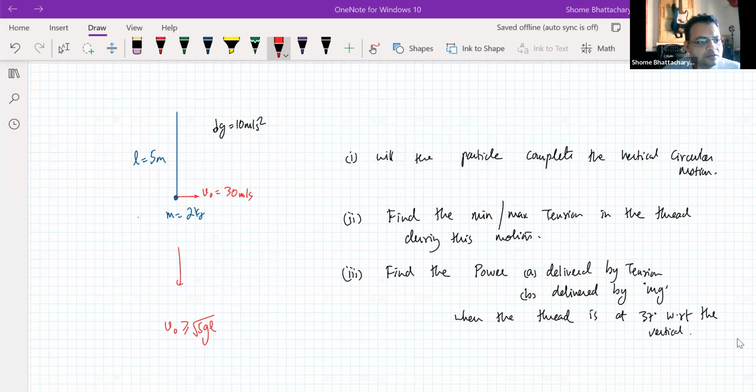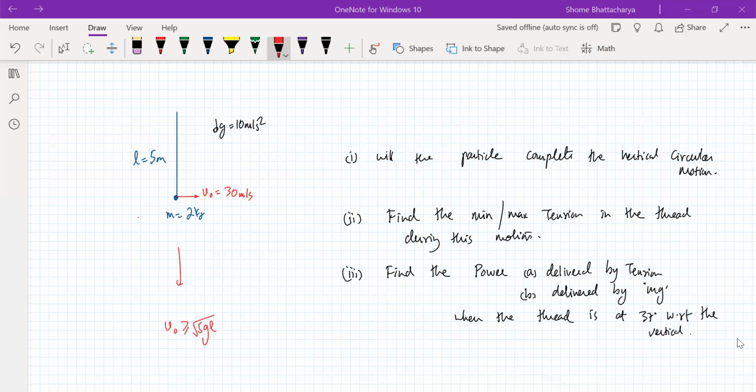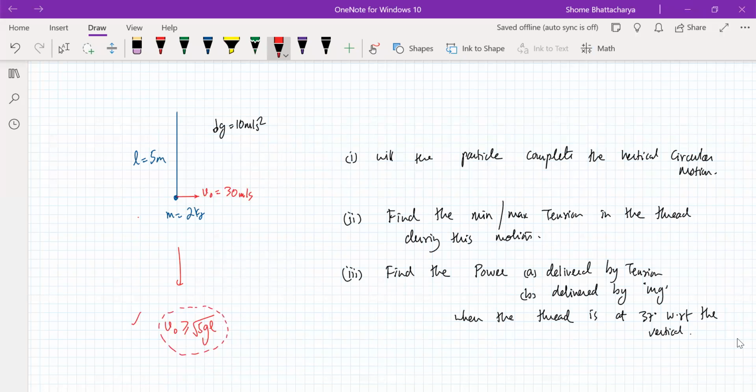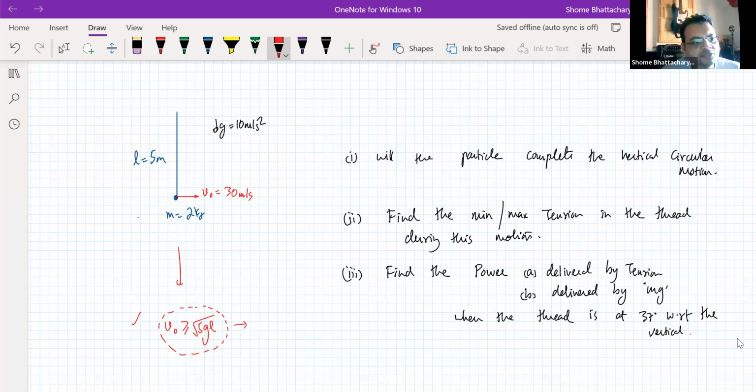Sir, if V naught is greater than or equal to root 5GL, then it completes vertical circular motion, right?